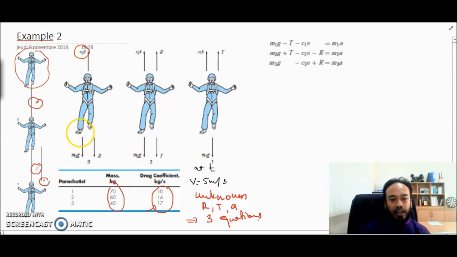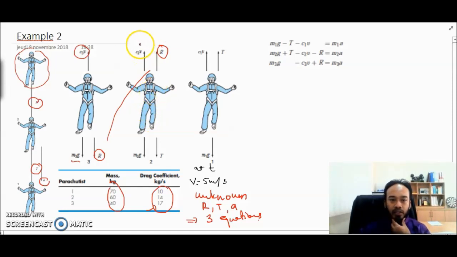The other two forces acting on body number 3 are the weight, which is its mass multiplied by the gravity, so this is also known. But the unknown here is the tension of the rope between parachutist number 3 and parachutist number 2. So R, we find it again over here, on the free body diagram of body number 2.